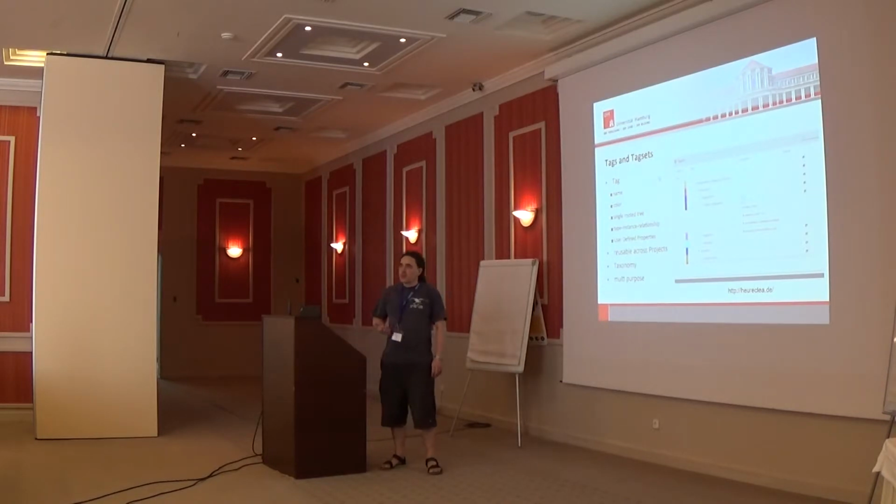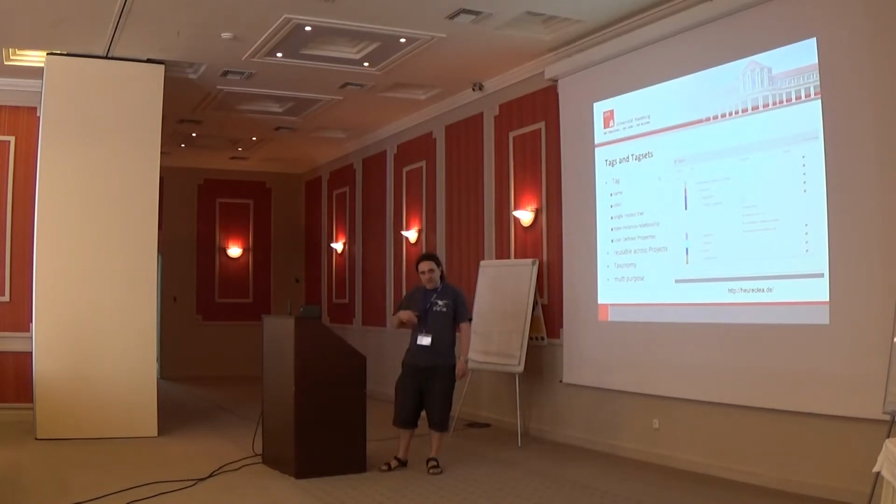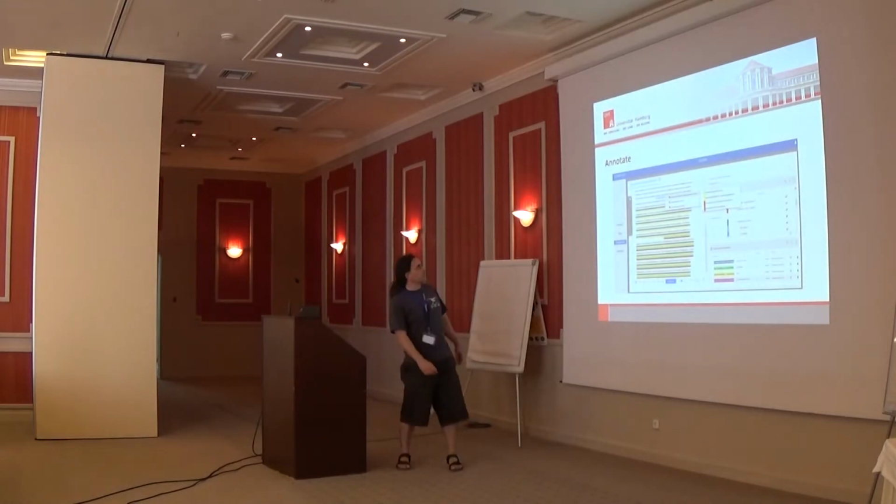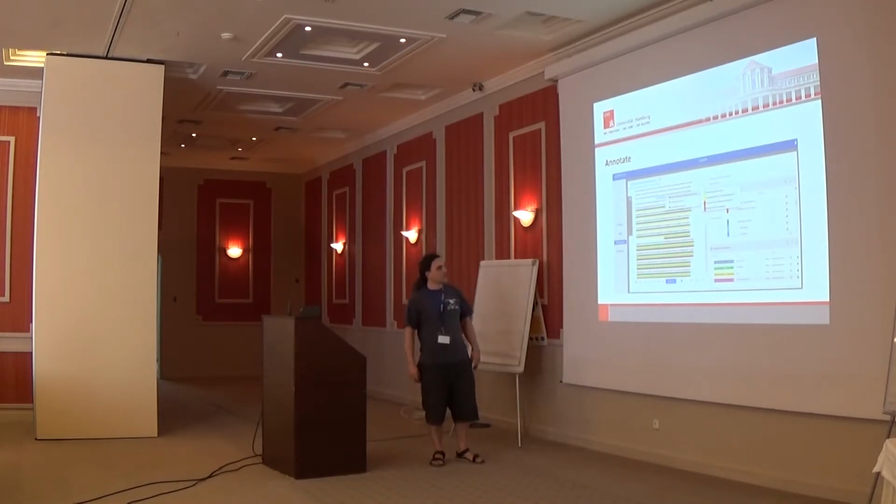So we do not have projects just from the literary studies, but also from the social sciences, from politics, linguistics as well. So next, I'm going to show you the annotate module, just to give you an impression of how this looks to the user.